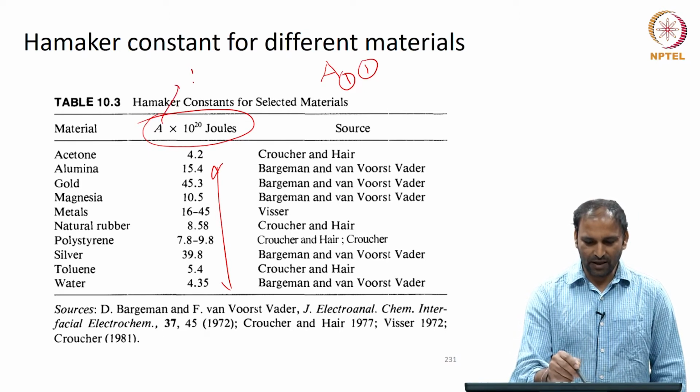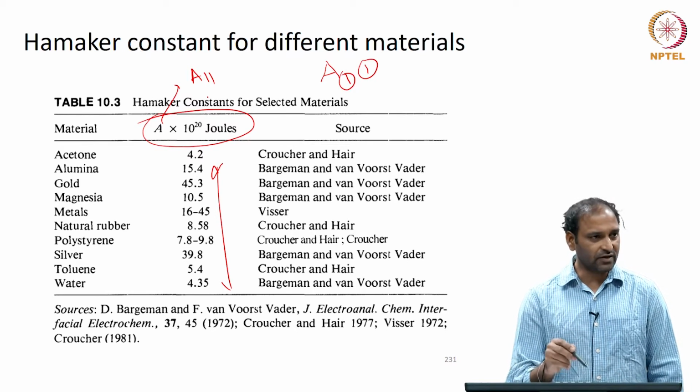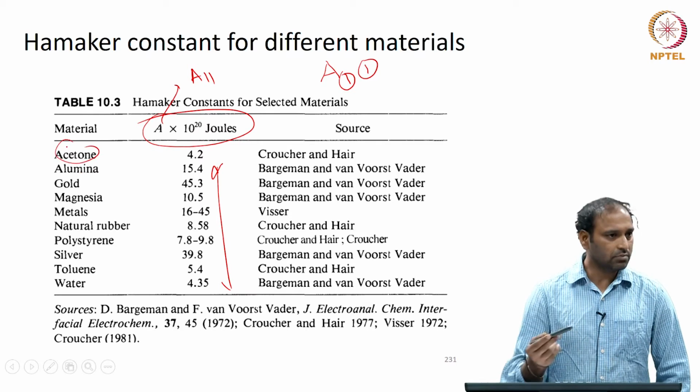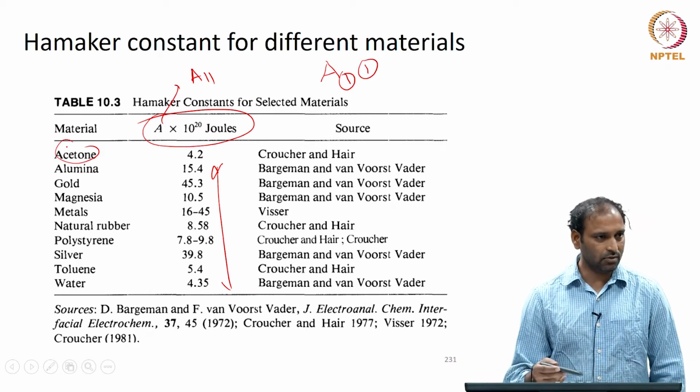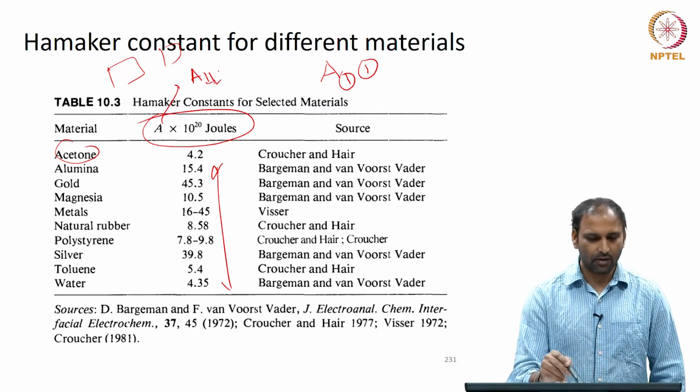This should actually be A11. That means it is the energy of interaction between, in this case, an acetone molecule and an acetone molecule, or a block of acetone and a block of acetone.